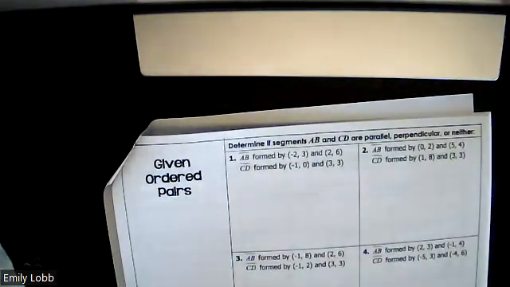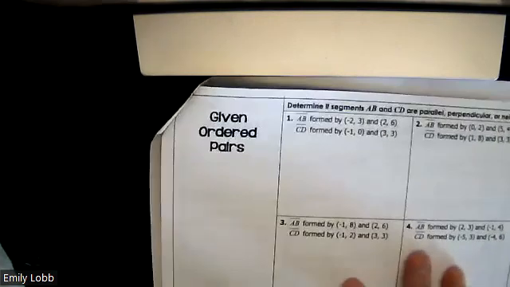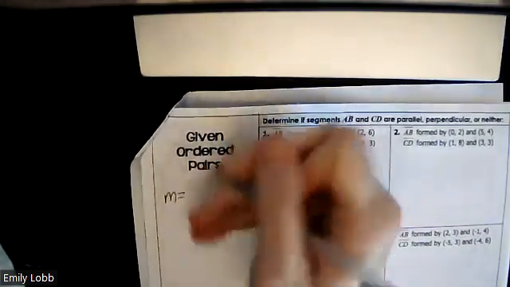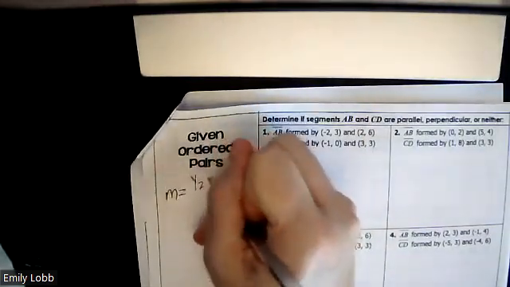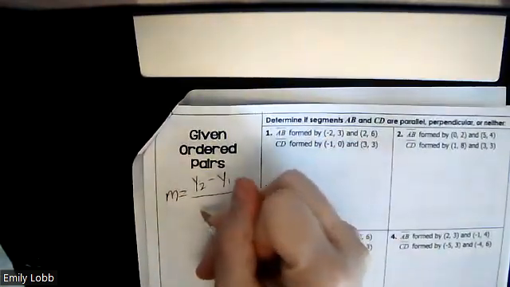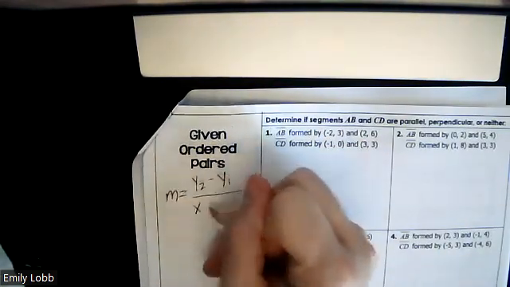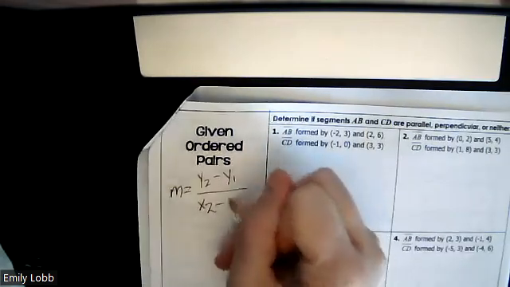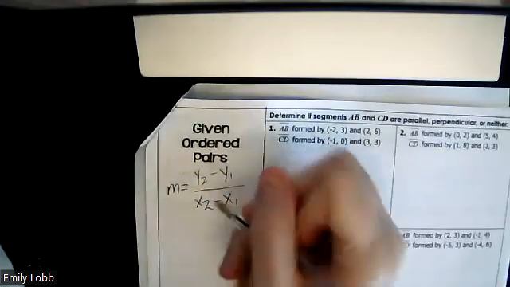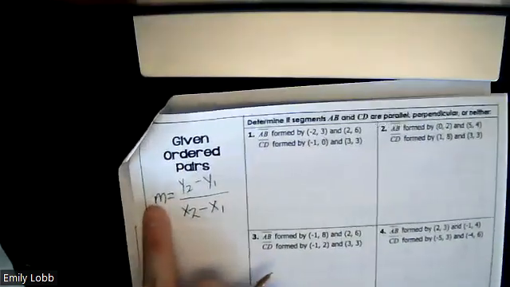All right, so now we're putting in what we already know using the slope formula. Remember, our slope formula is y2 minus y1 divided by x2 minus x1. So change in y divided by change in x gives us our slope.